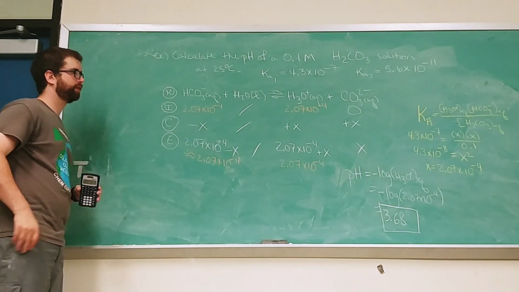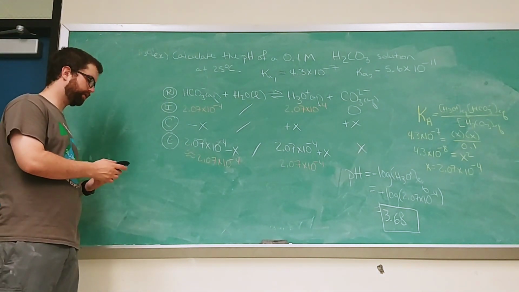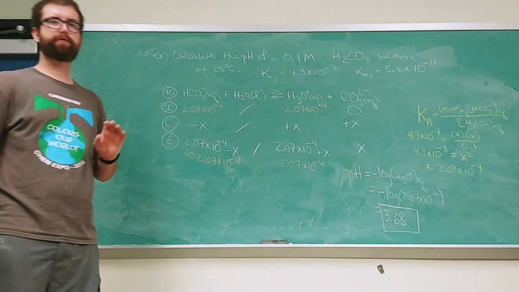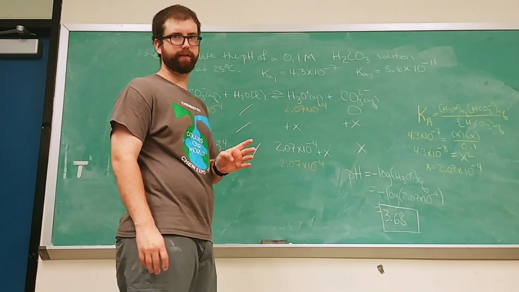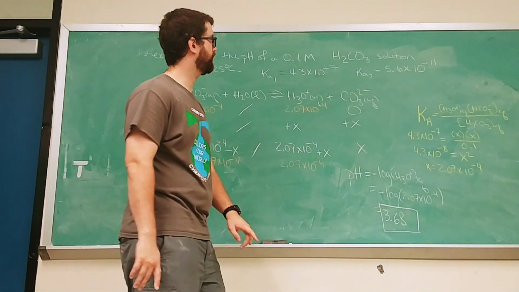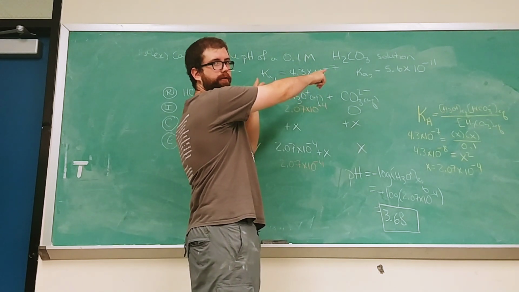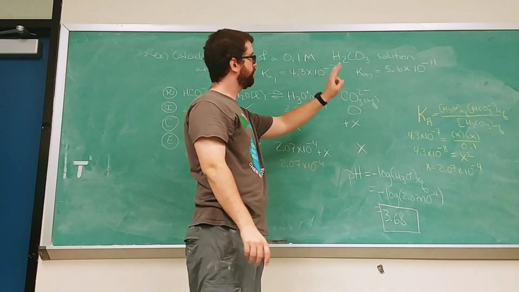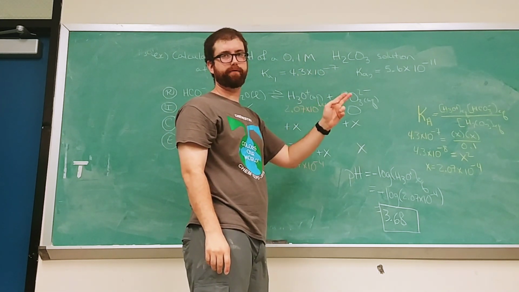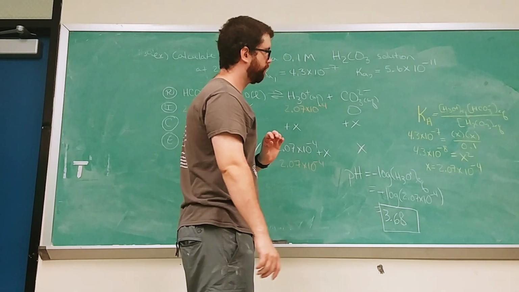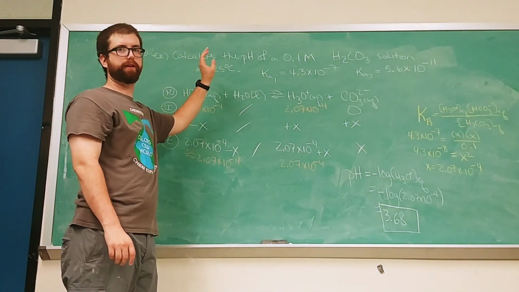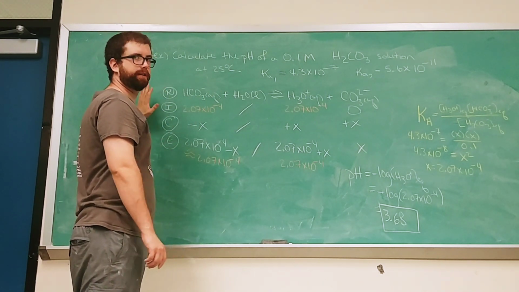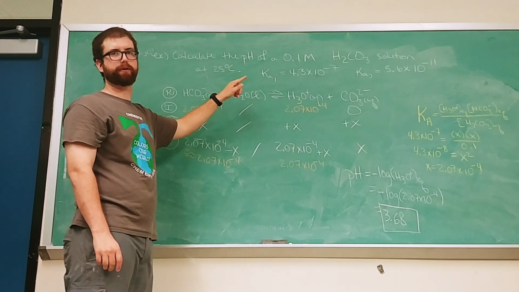So what we see here is when we are dealing with polyprotic acids, if we're looking at weak acids, and we know we're looking at weak acids because the Ka values are very, very small, and this is especially true when those Ka values are 10 to the negative 4 or smaller, when we are looking for the pH of these weak polyprotic acids, really we only need to solve the RICE table for the first deprotonation.